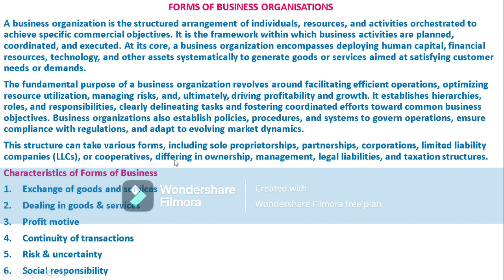Likewise, different business forms are there. All these forms of business organizations differ in aspects like ownership, management, legal liabilities, and taxation structures. These are the basic differences between these forms of organizations.